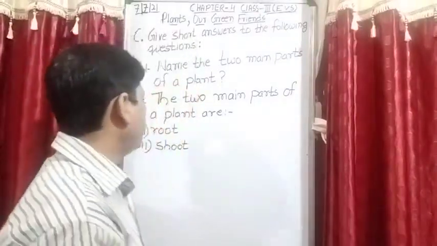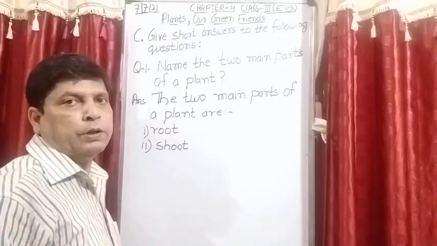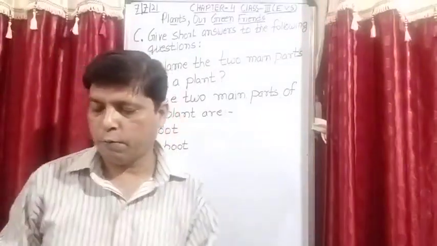So the two main parts of a plant are root and shoot.